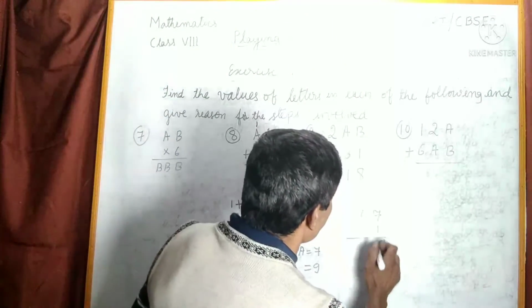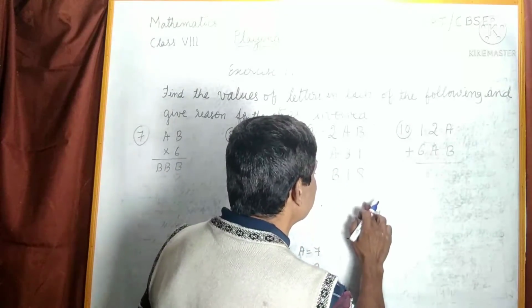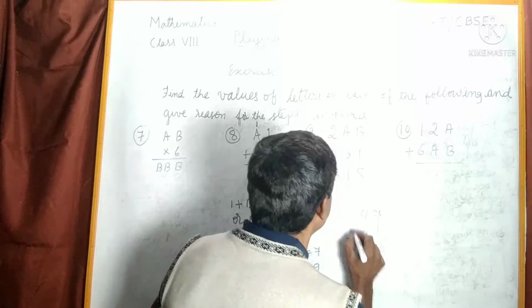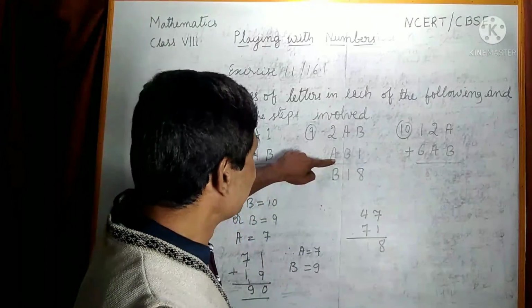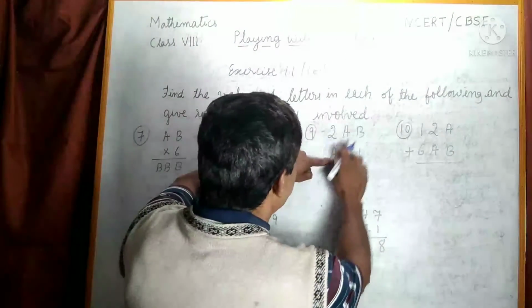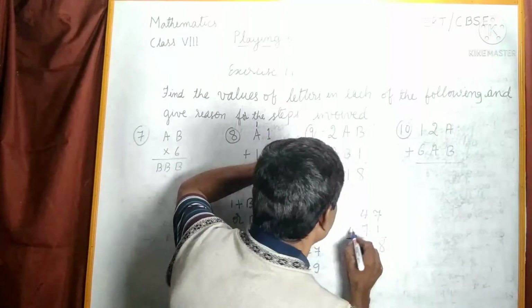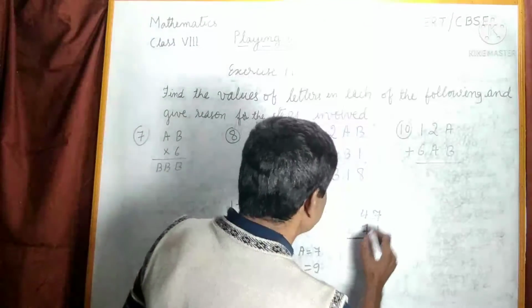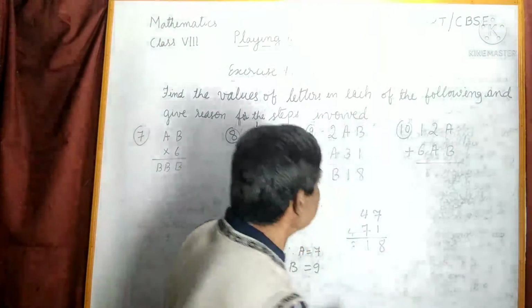Now when we add 7 plus 4, it will be 11 and 1 will be carried to the next step. So we know that A is equal to 4, and 4 plus this is B, which is 7.